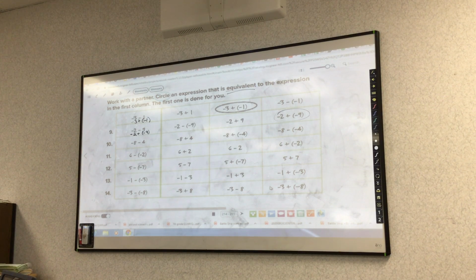Okay, so then let's copy it underneath. Don't forget to write the keep, change, change, and all of this too. Like, it's basically you're having it twice.